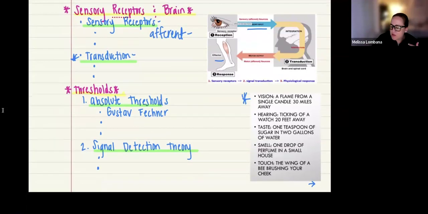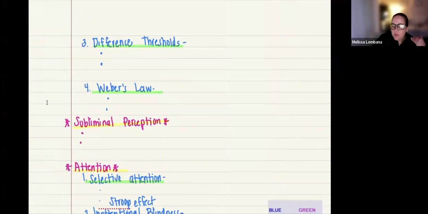Then they also have what's called difference thresholds. The difference threshold is the degree of difference that must exist between two stimuli before the difference is detected.